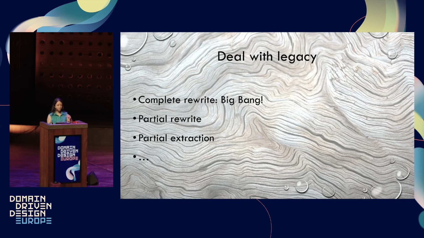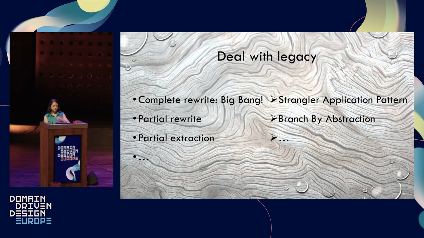And we have the choice between a complete rewrite of the project, like a Big Bang, a partial rewrite, or a partial extraction, etc. And facing those needs, we have techniques and patterns such as the strangler app pattern or the branch by abstraction pattern and others. We present all those patterns in our signature training in the Arolla catalog.